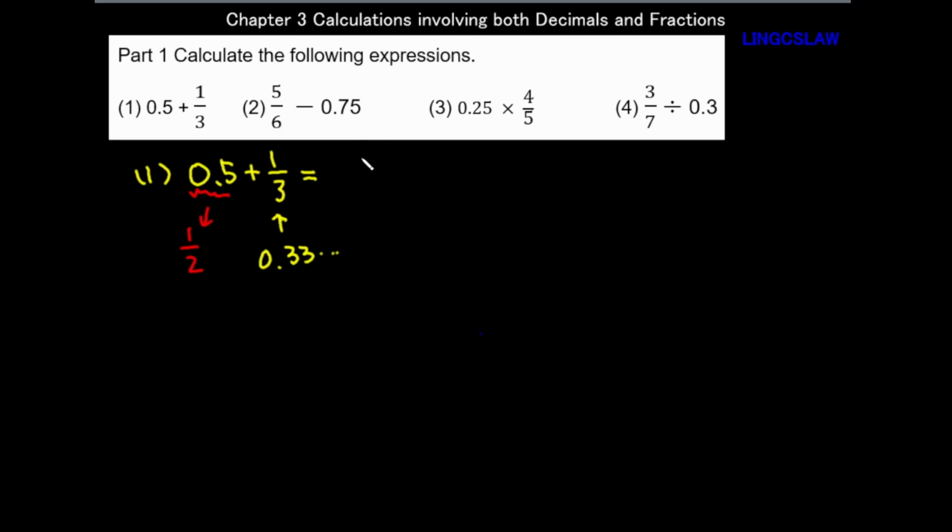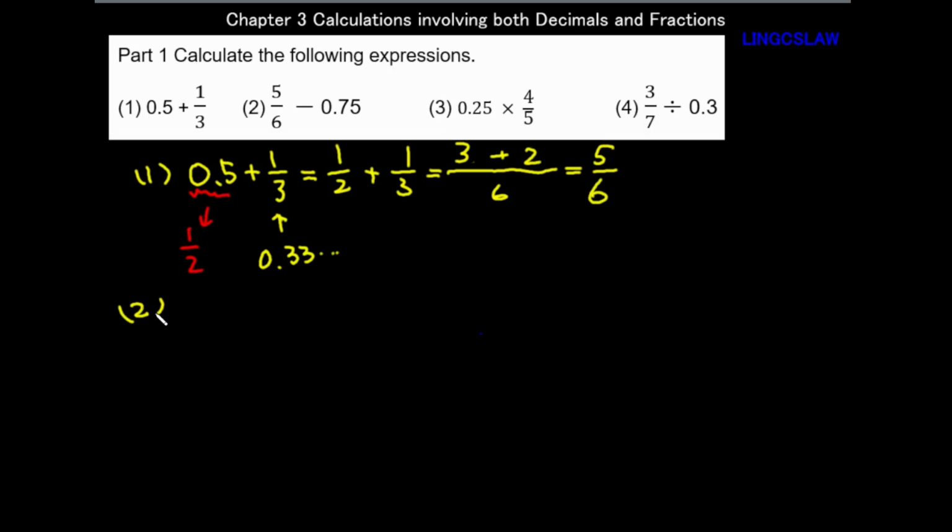So let's change 0.5 to 1/2, and make the denominator the same, 6. 2 plus 3. 3 plus 2 equals 5/6, and this is the answer.